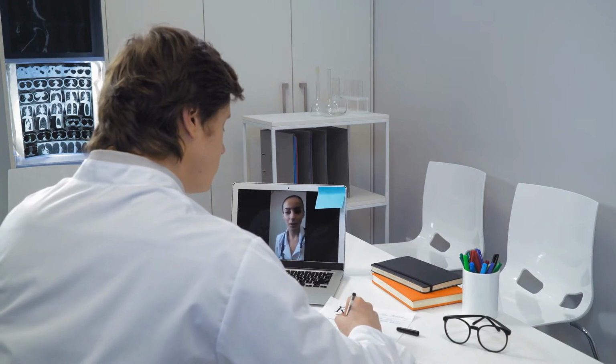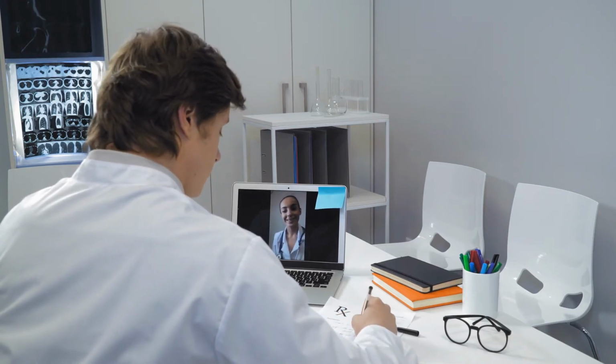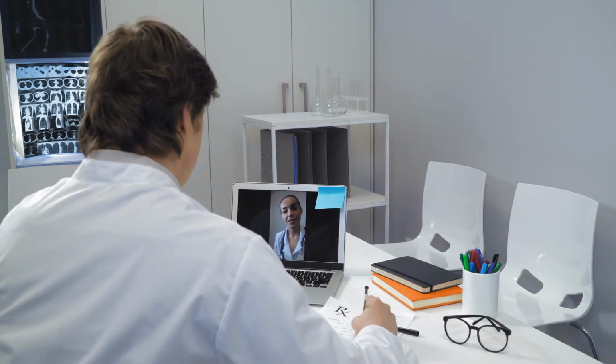So I can see a new patient, I can talk through the symptoms, I can look at all the imaging, I can think of tests to do next in order to narrow the diagnosis, then do a follow-up where we review the results of those tests, and then initiate the proper therapy. And we can do that all by telemedicine.